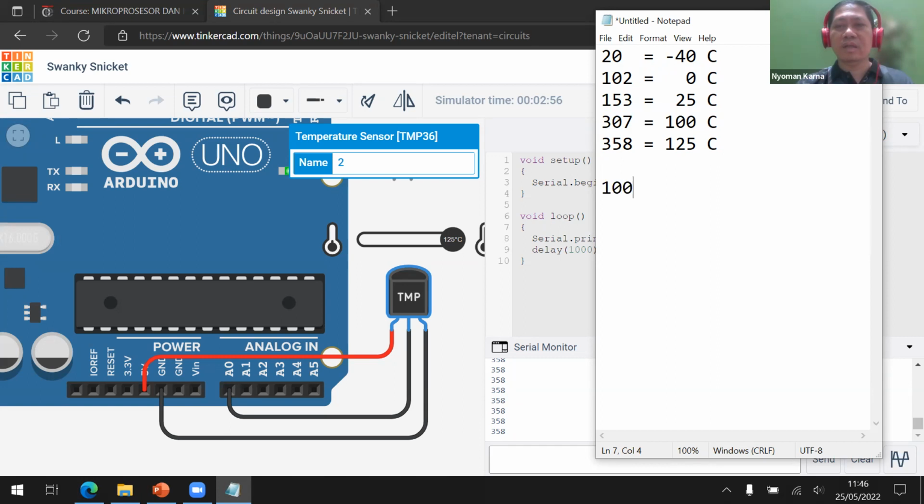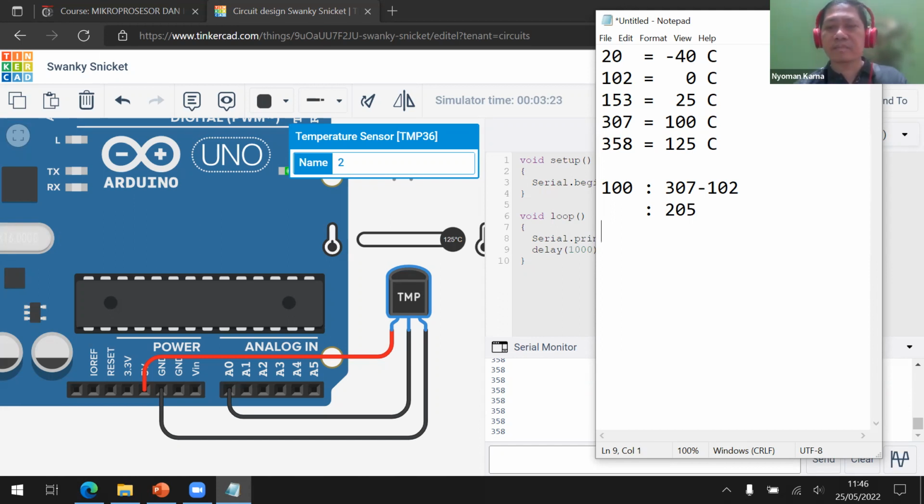So 100 degrees is comparable to 307 minus 102. So this will be 205.